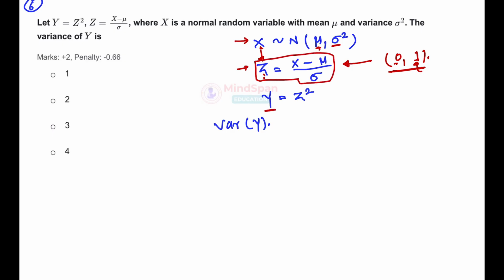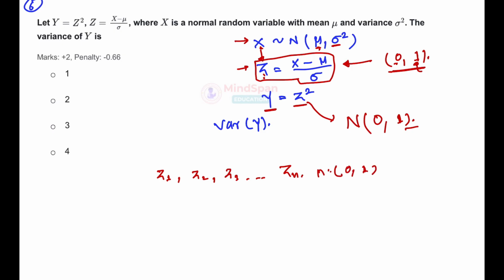And we are given that random variable y is equal to z square. What is this z? This z is nothing but a standard normal distribution with mean 0 and variance 1, right? Now recall the chi-square distribution. Let's suppose you have random variables z1, z2, z3 up to zn, all standard normal random variables with mean 0 and variance 1.